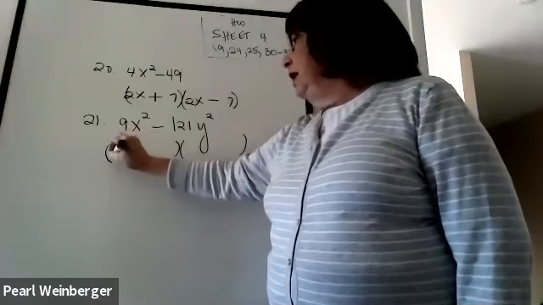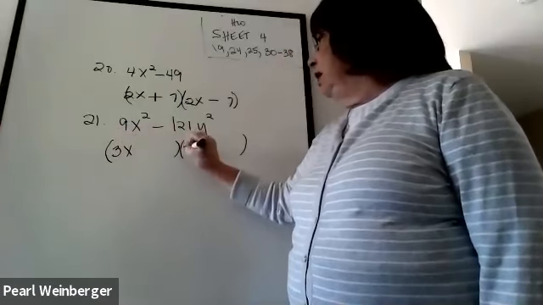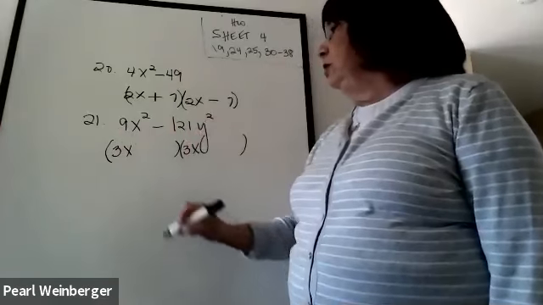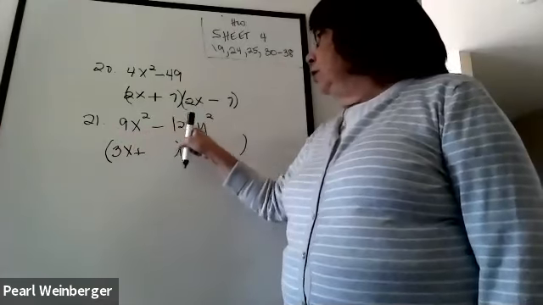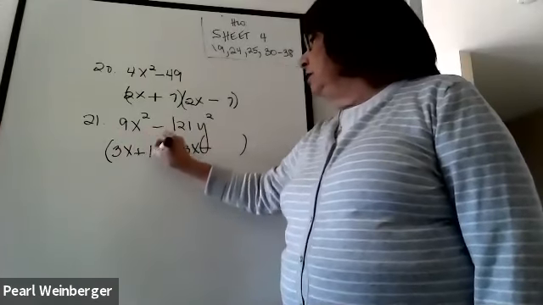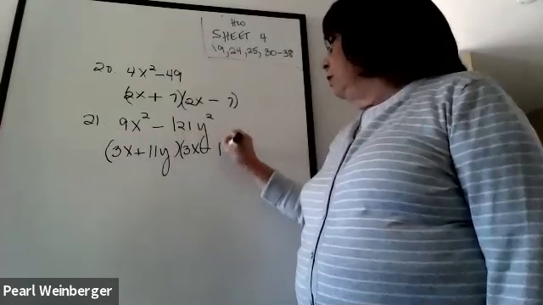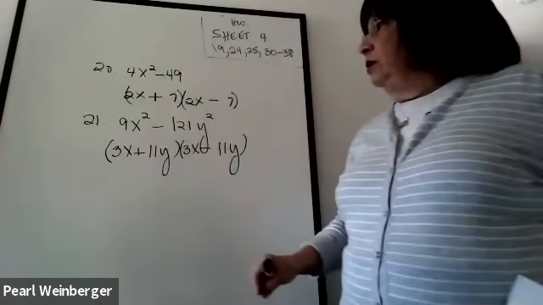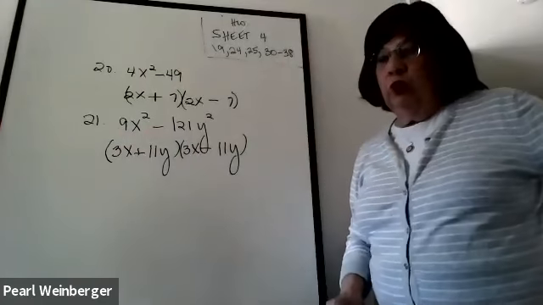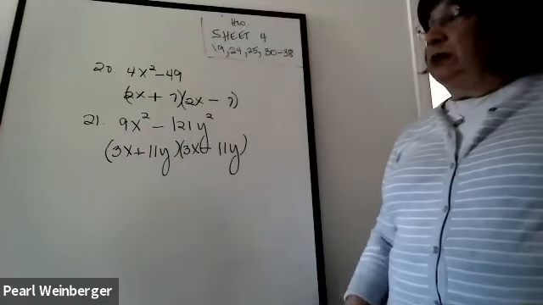So I'm going to put 3x and 3x in each parentheses for my first term, and one plus and one minus. And 121 is 11, so it's going to be 11y and 11y. Again, these are conjugate binomials because my original expression was the difference of squares.